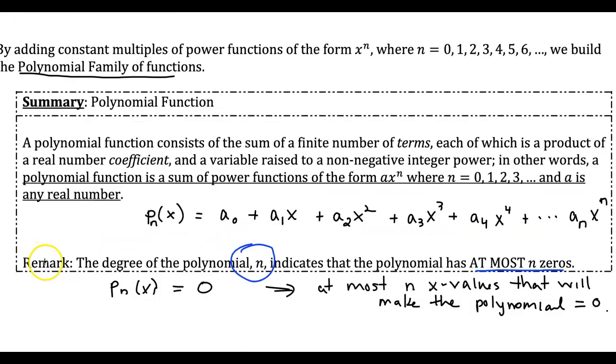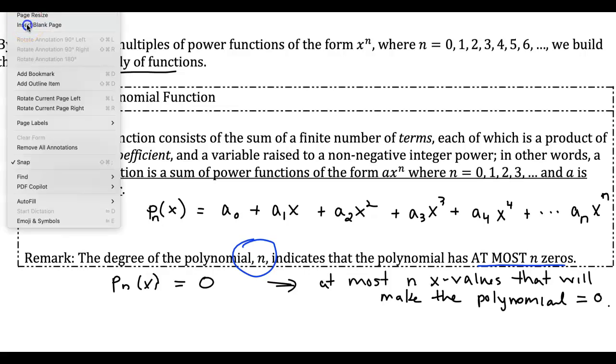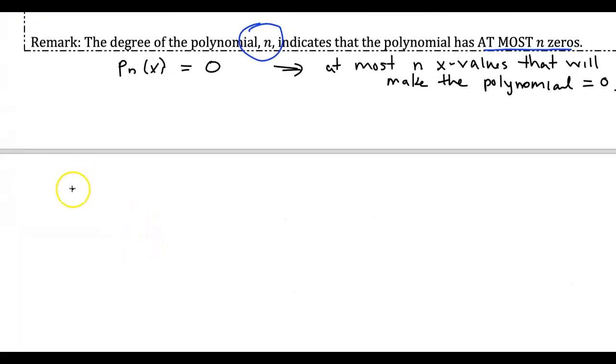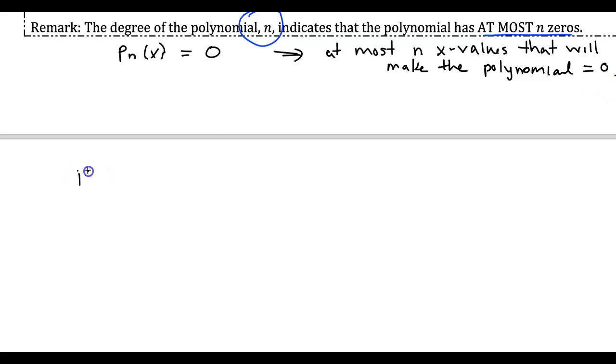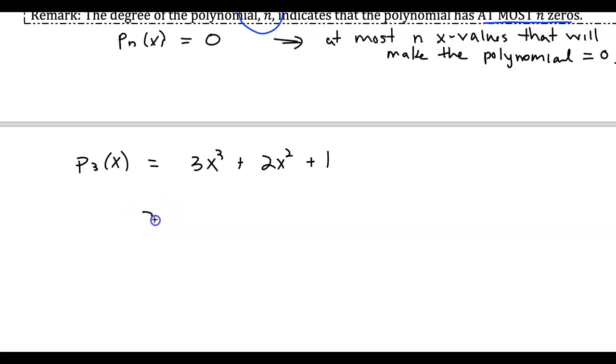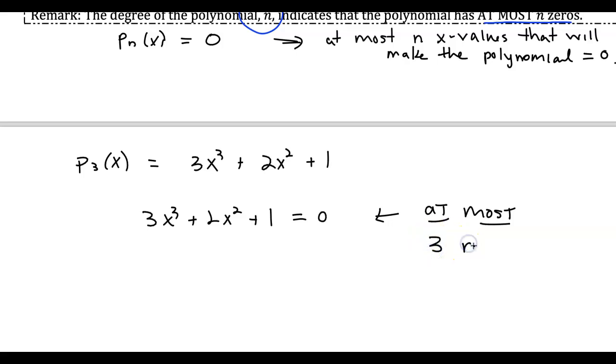So for example, let me add a page here. If I just give you, let's say, a third degree polynomial like this, 3x cubed plus 2x squared plus 1, and if we set this equal to 0, 3x cubed plus 2x squared plus 1 equals 0, we know this will have at most, it might have less, real roots, at most 3 solutions.